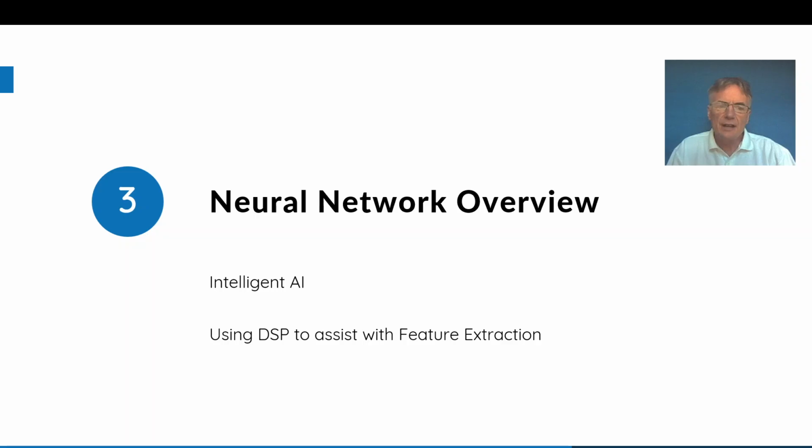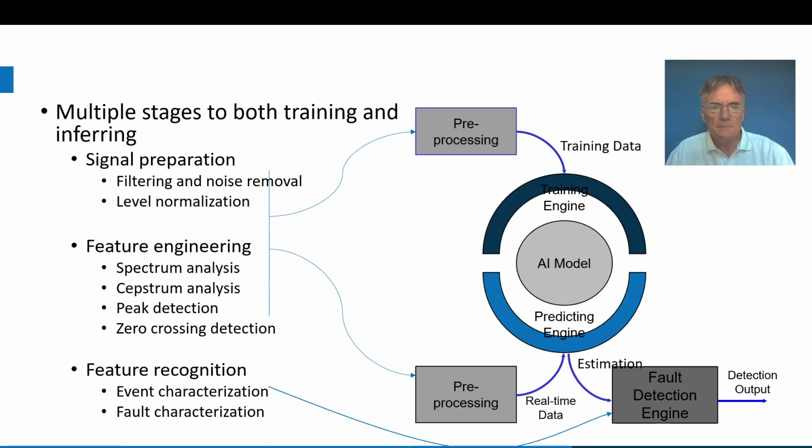Let's look at the neural network and what I like to call intelligent AI, because the key to all of this is the feature extraction that we are going to apply to the signal prior to applying those signals to the neural network for classification. So here's a very high level diagram of what we are going to be doing.